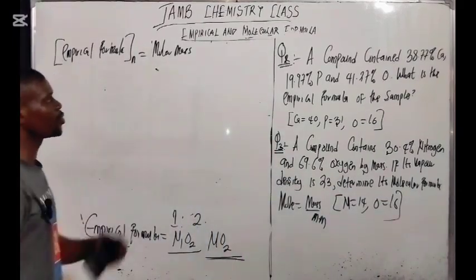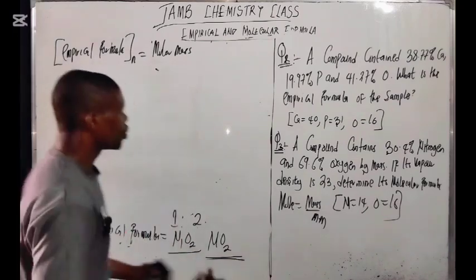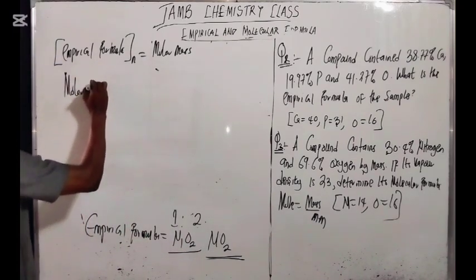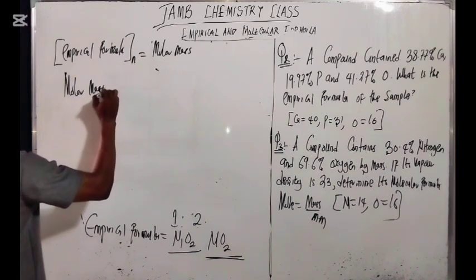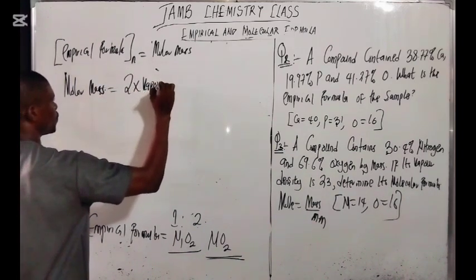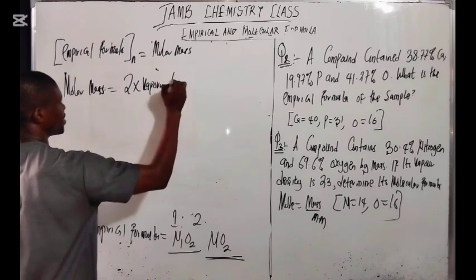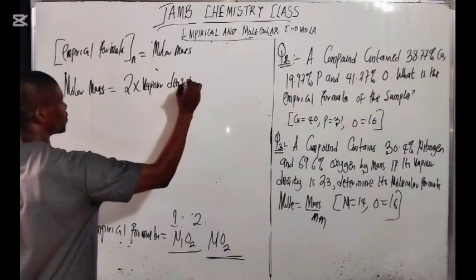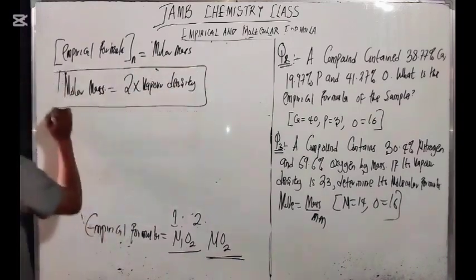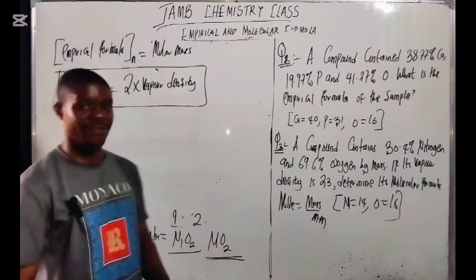So what is the relationship between molar mass and vapor density? Understand that molar mass is equal to 2 times vapor density. Are you there? So you have to note this down here. Molar mass equals 2 times vapor density.